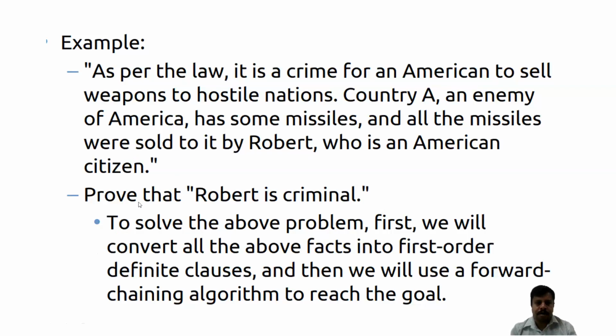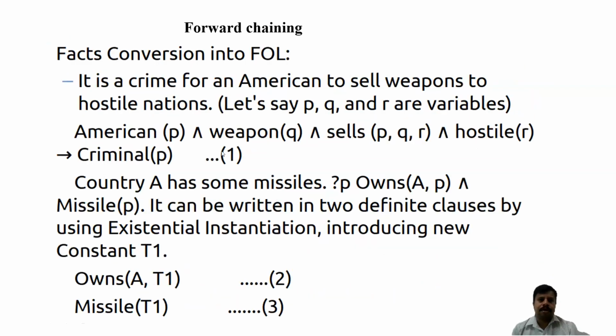We have to prove that Robert is a criminal. To solve the problem, we will first convert all the facts into first order definite clauses, and then use a forward chaining algorithm to reach the goal. Later we will also apply the backward chaining algorithm to prove the same thing. This is a famous and simple example, which is why it is chosen.